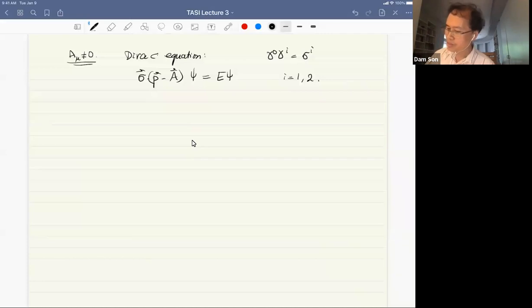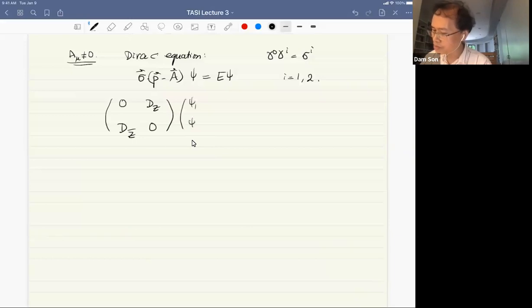Ready? So when you write it down, you find this looks something like this. The Hamiltonian is off diagonal, has components D_z bar, D_z, acting on psi 1, psi 2 equal E psi 1, E psi 2, while z is a complex coordinate.